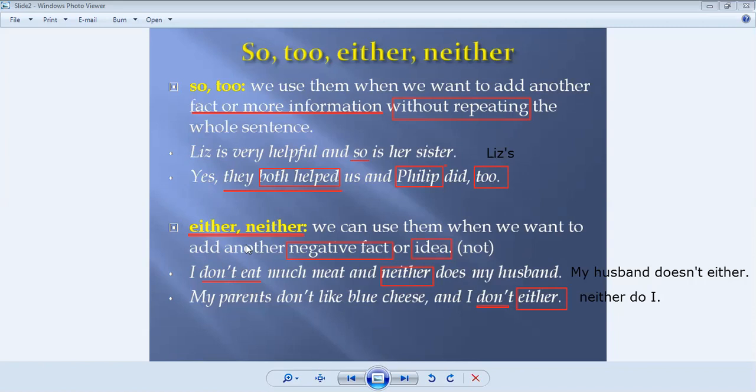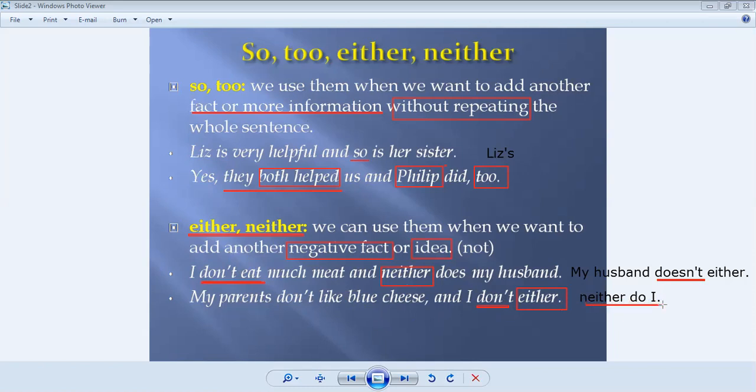Instead of using two negatives, you see, I don't, and my husband doesn't, it has too many negatives, right? It can work, but we mix them to balance it. If you have used don't, use either. But if it's I don't like blue cheese, I don't either. Neither do I, either way.